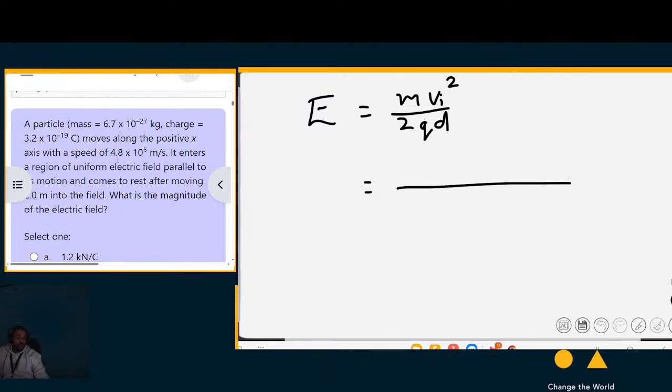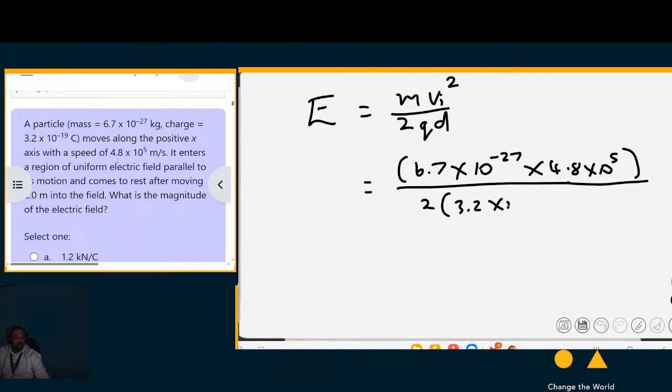And if we plug in everything that we have, the mass is 1.67 times 10 to the negative 27, multiplied by the initial velocity 4.8 times 10 to the 5 meters per second squared, over 2 times the charge. It gave us a charge that's 3.2 times 10 to the negative 19. And how far does it travel into this electric field? Just 2 meters.